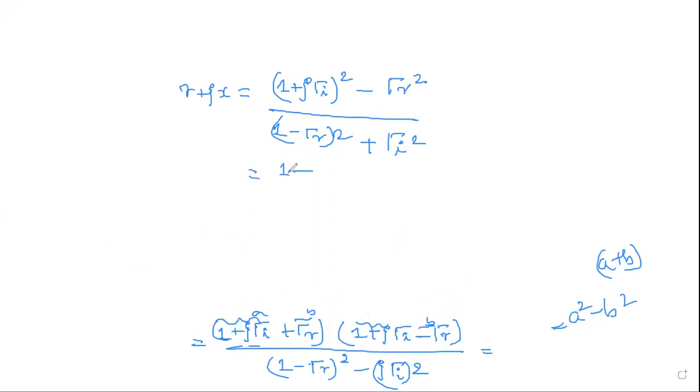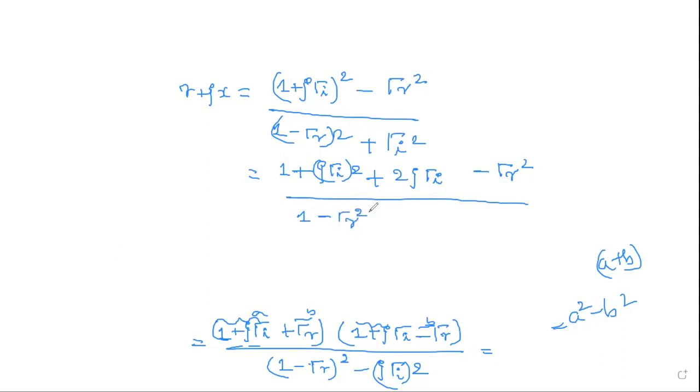So we know it is A square, that is 1 square, plus B square, which is (j gamma I) whole square, plus 2AB, that is 2 times j gamma I, minus gamma R square, divided by (1 minus gamma R) whole square plus gamma I square.